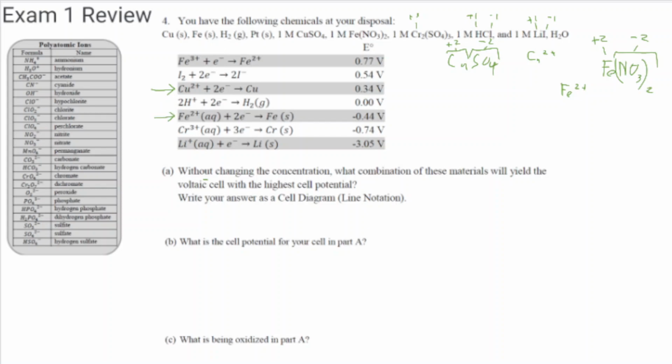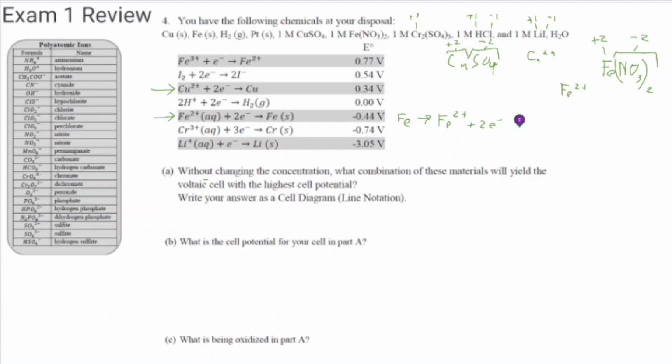All right. So now that we know the two reactions that we need to use, we could write them out or we could flip them. I'll go ahead and flip the iron just so it's a little bit easier to follow later on. So we have iron. So our product has now become our reactant, and our reactants are going to become our products. Yields iron 2 plus, 2 electrons.